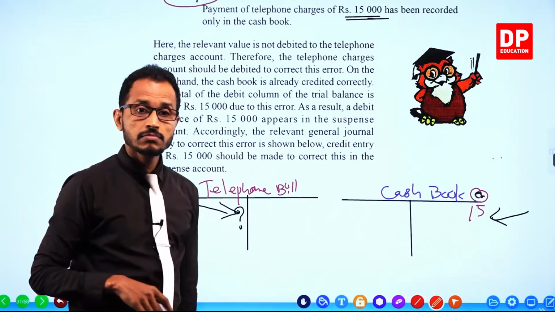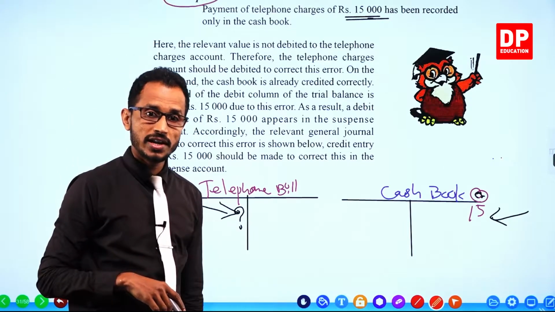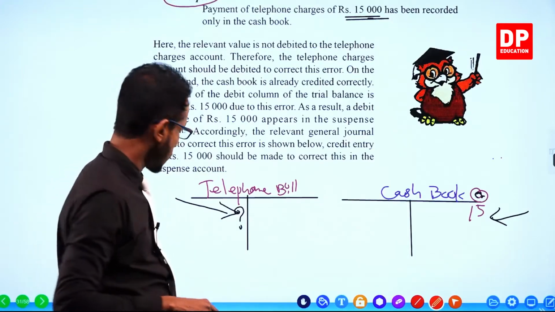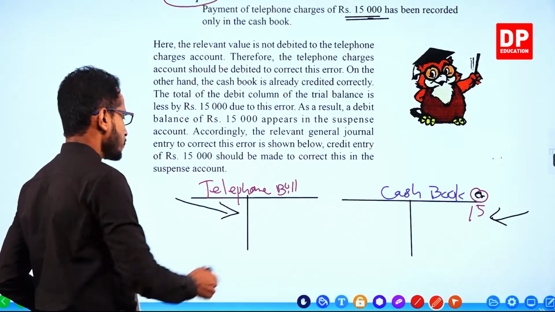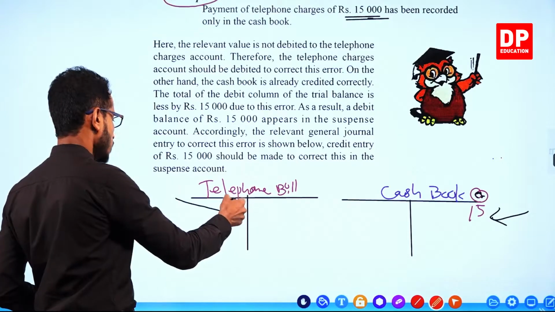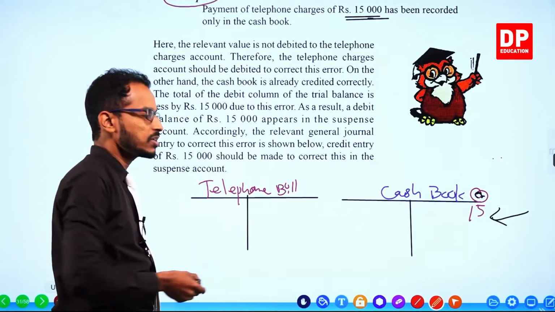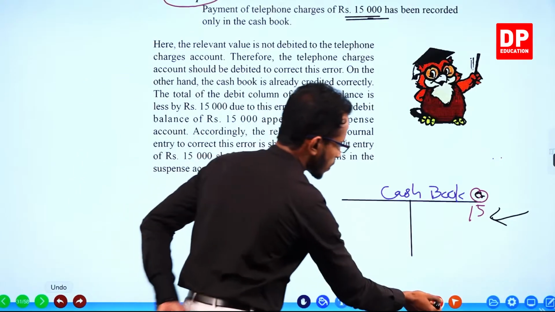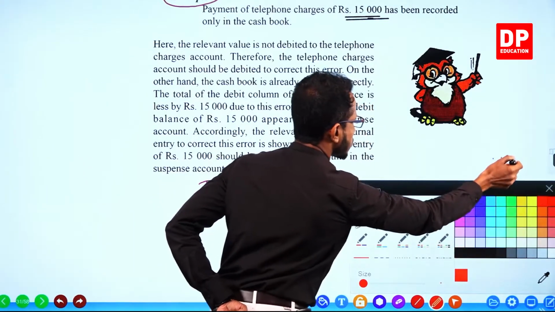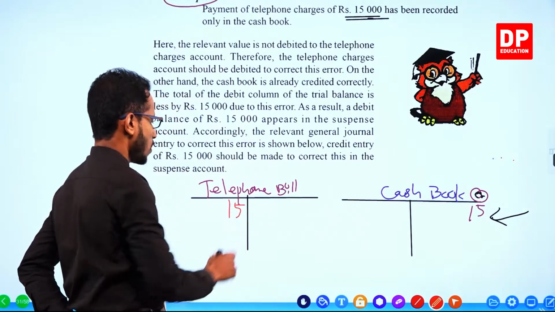Okay. How to correct this? Easy. You enter the amount in the account where it should be entered. The debit entry must be entered. Alright.